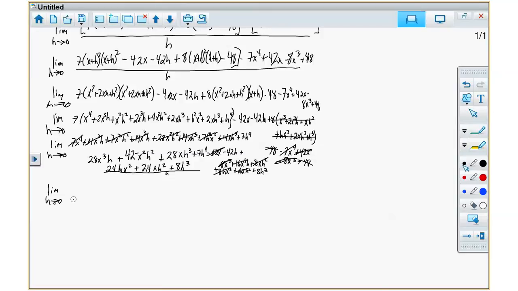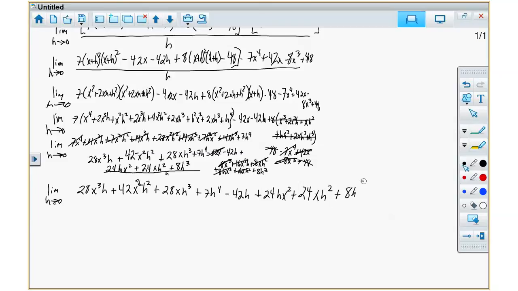All right. 28x to the third h plus 42x squared h squared plus 28xh cubed plus 7h to the 4th minus 42h plus 24hx squared plus 24xh squared plus 8h cubed all over h.